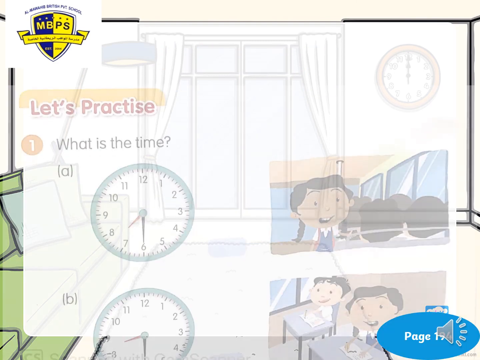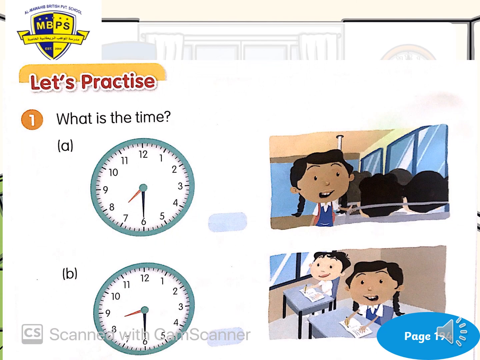Now it's time to practice. Open your Pupils Book, page 194, and you can do the same questions that I will do now. Are you ready? Let's start. Look at the first clock here. Where do you see the short hand? It's between 7 and 8.